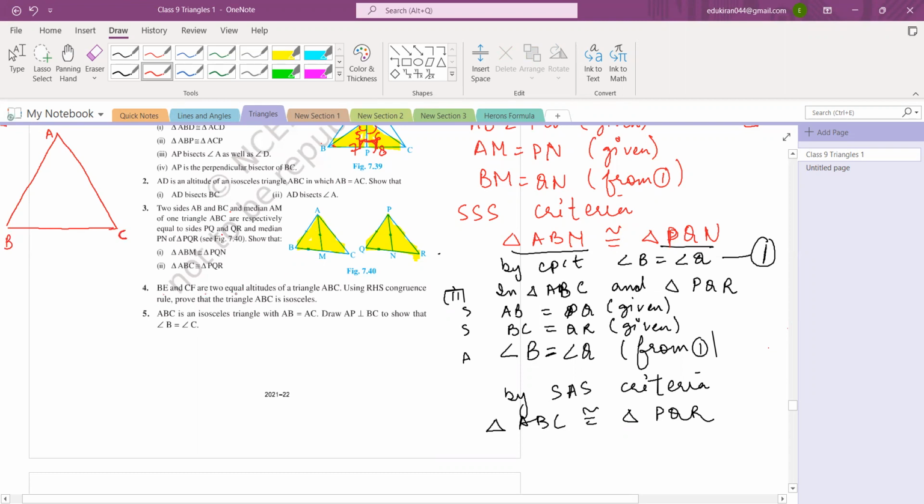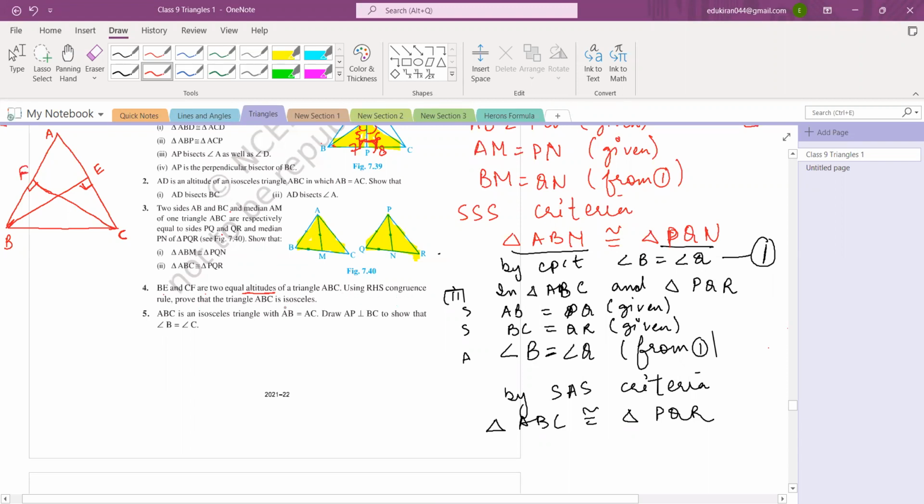BE and CF are two altitudes. Okay, so if BE is the altitude, that means it will fall at 90 degrees here. Okay, this is BE. And CF is another altitude, so it will fall on this side at 90 degrees. So this is also my 90 degrees. This is CF.